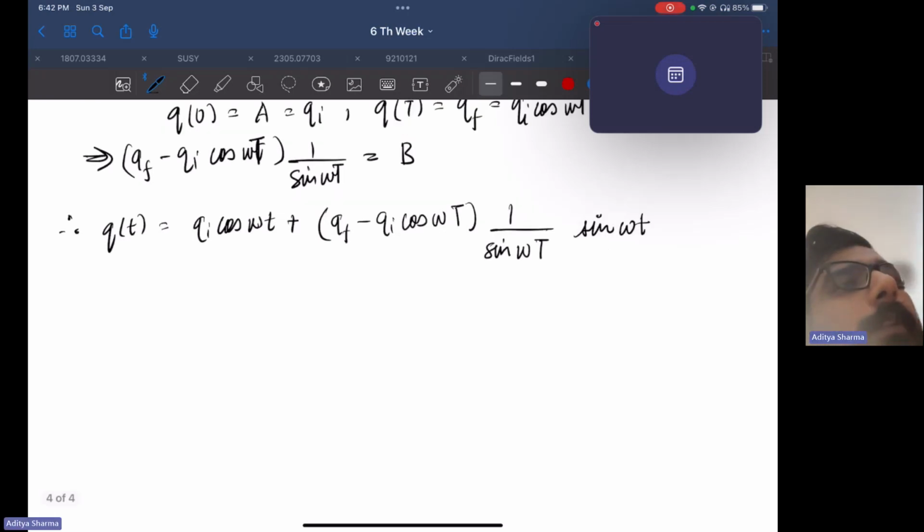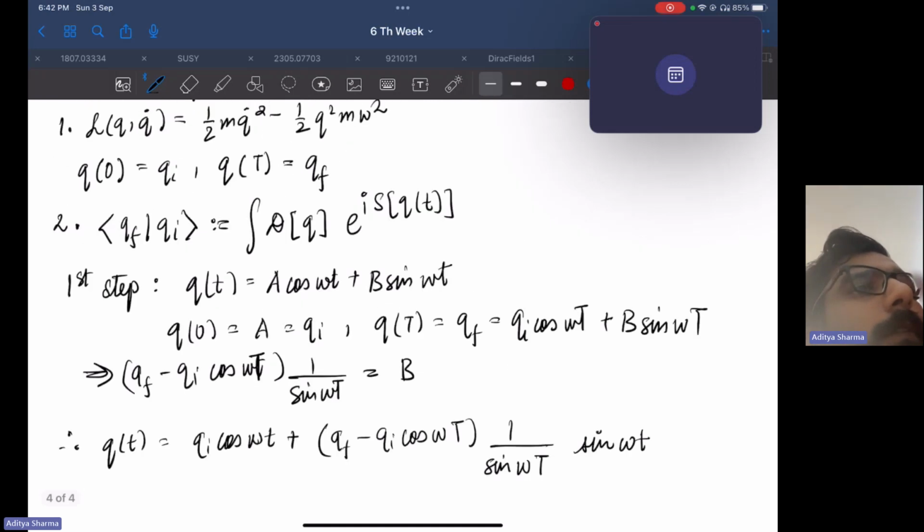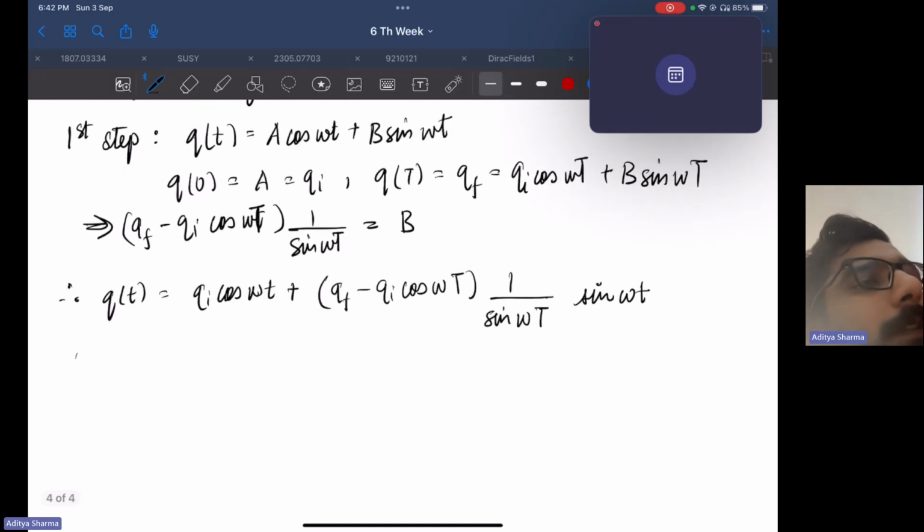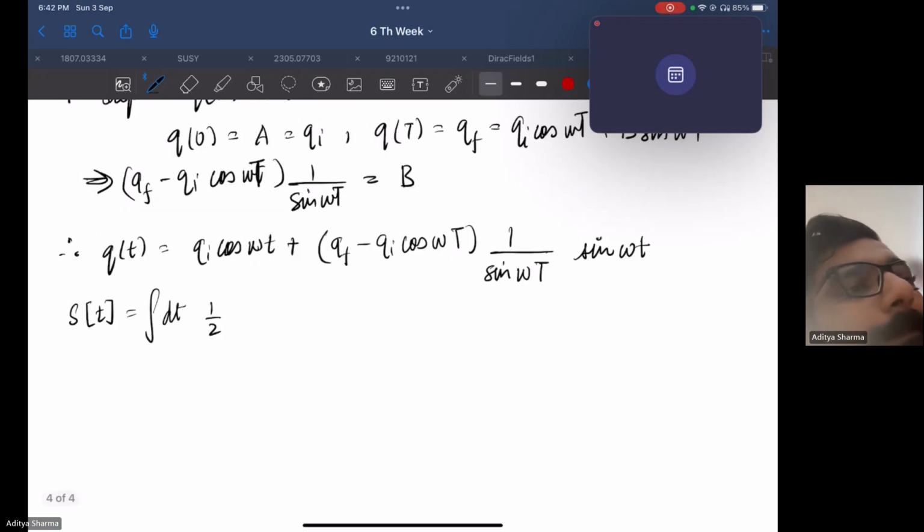Now, given this, the next thing is to evaluate the action, which is S of t. We want to find this, and this is nothing but the integral of dt, half q dot square minus q square.